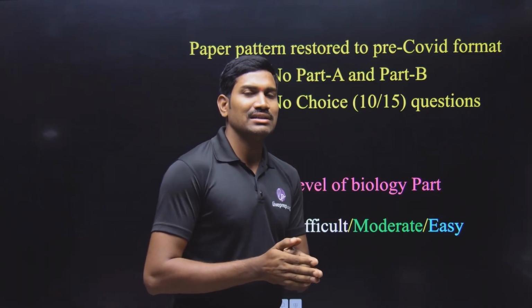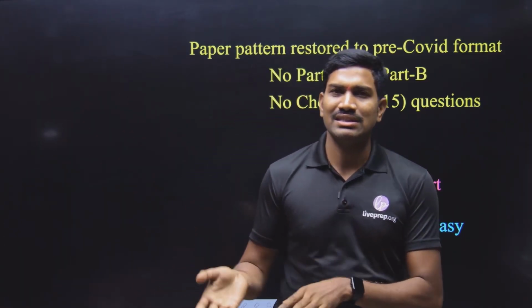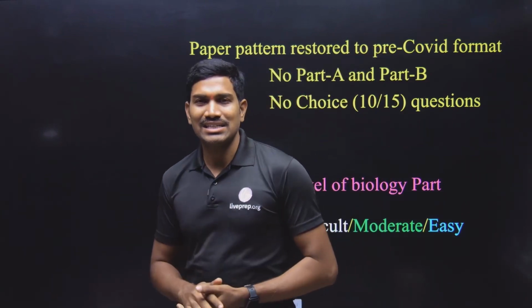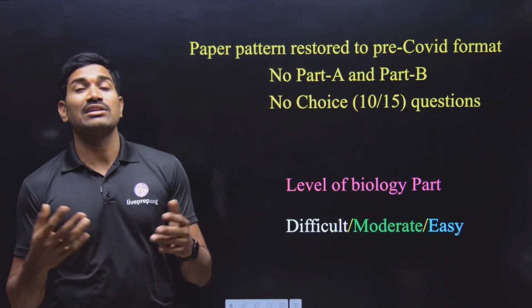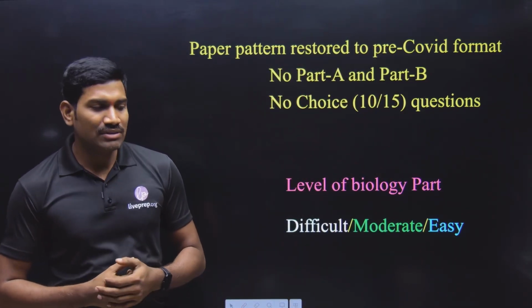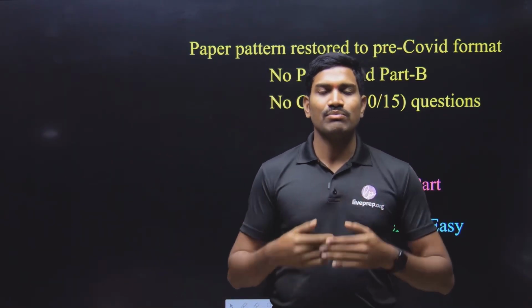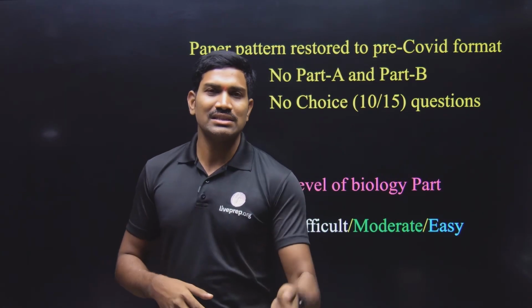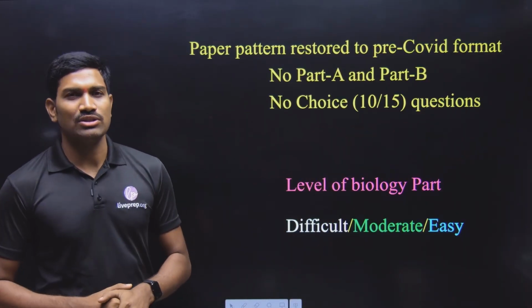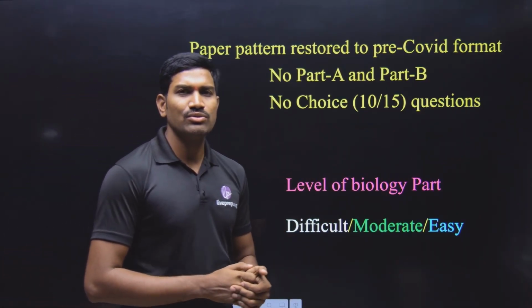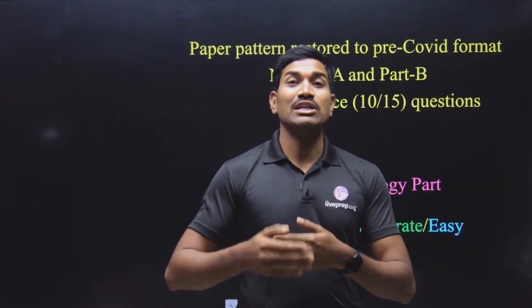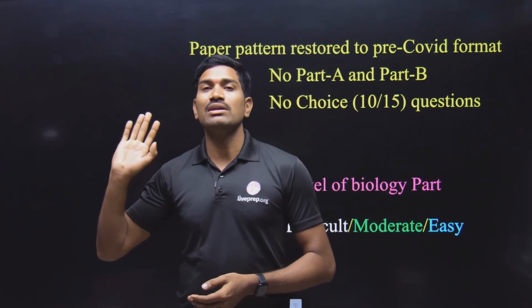At that time they introduced section A and section B. Within section B, out of 15 questions, any 10 could be attempted. But they have removed those things from this year. They had already mentioned this in the notification, so it is not new now. In this way they have restored it to the pre-COVID situation.